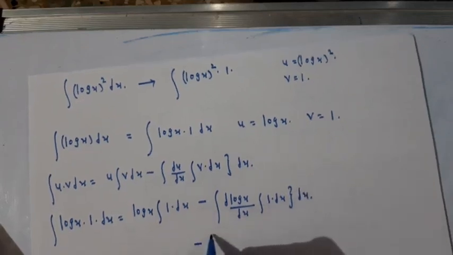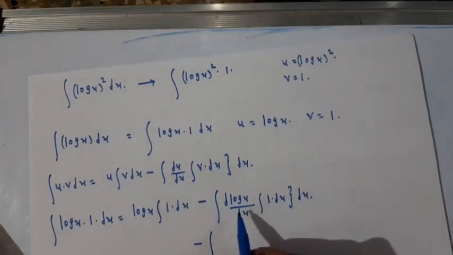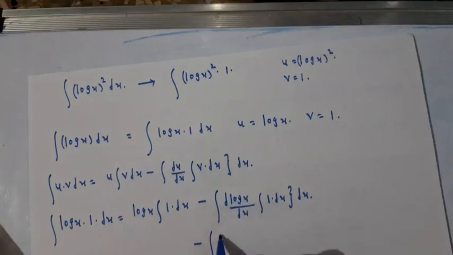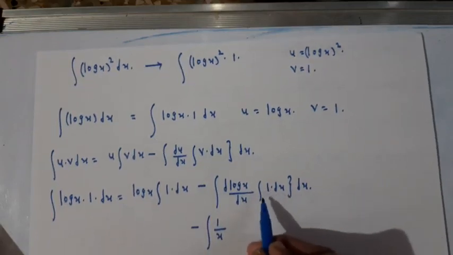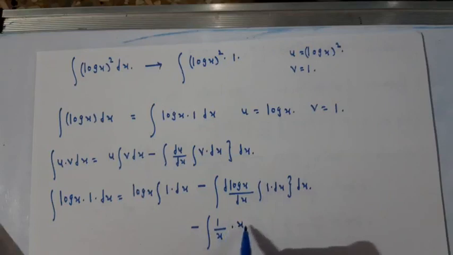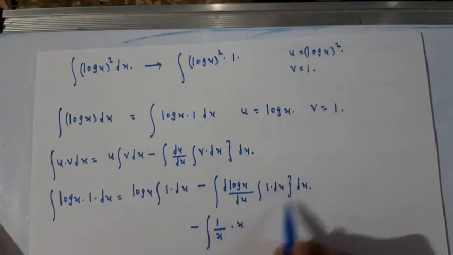So this is minus integration of, what is the differentiation of log of x? Differentiation of log of x is 1 upon x, into integration of 1 with respect to x which is x, and whole integration with respect to x.